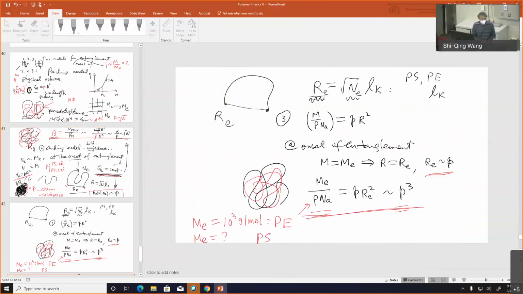And now you should never pretend you don't know that styrene has an ME more than 10 times that of polyethylene. Any questions?